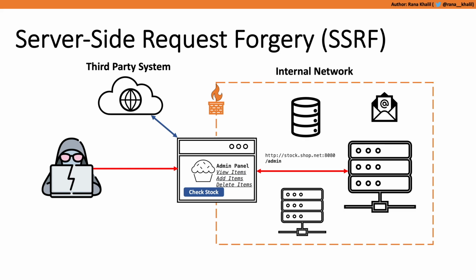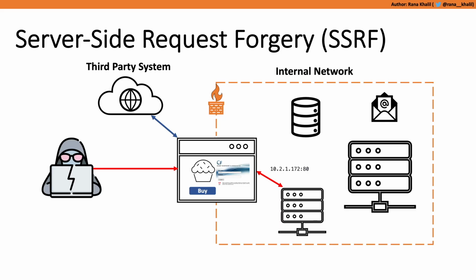And this is a classic example of how you could exploit SSRF vulnerabilities in order to gain access to sensitive functionalities in other applications. Another thing that you could do with SSRF vulnerabilities is you could port scan the network. So you can use the SSRF vulnerability in order to run an automated attack that scans the entire private IP range for servers that are running applications on, say, port 80 or port 443.